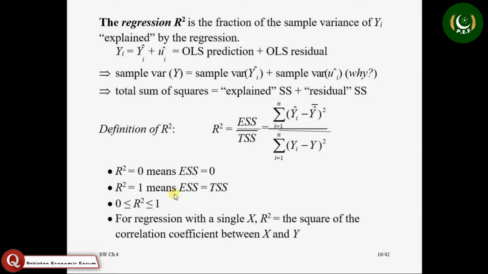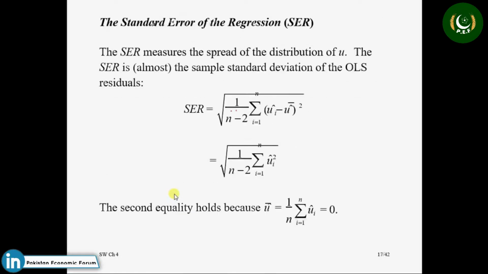For regression with a single regressor x, R-square is simply the square of the simple correlation coefficient between x and y. Standard error of regression is measured using ui hat minus u hat bar. We know the sum of residuals is 0, so the mean of the residual is 0.